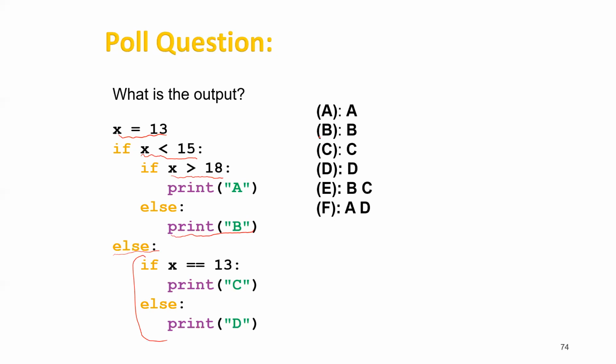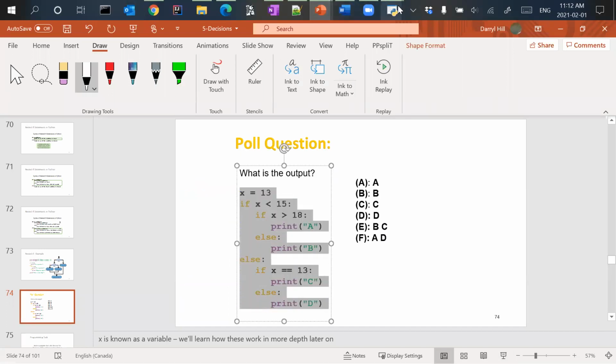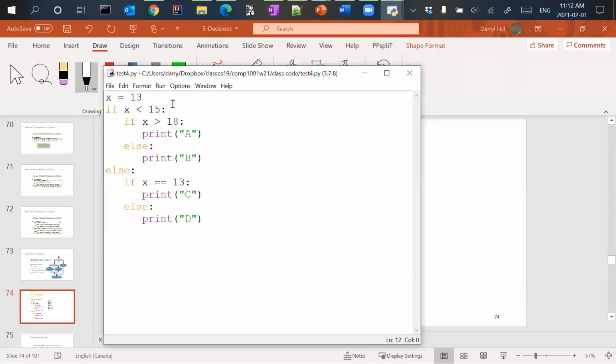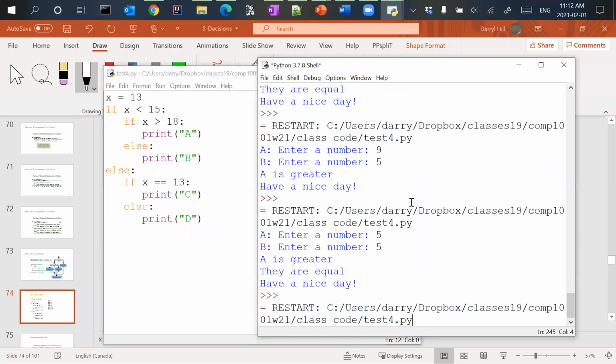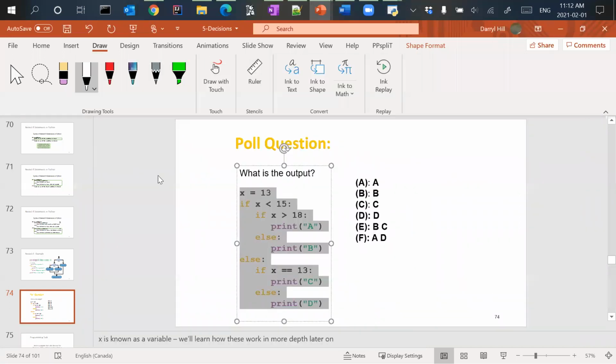So I think the answer should be B. But the gold standard is, I guess, try it out. So we said the claim is it'll print B and it prints B. So we can walk through the code step by step and evaluate these things.